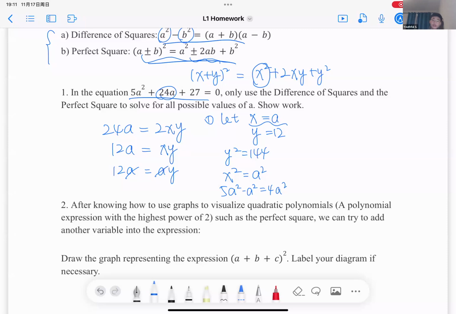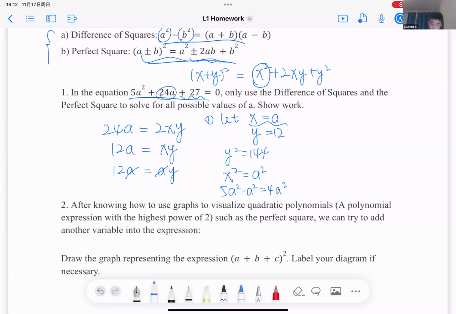But the thing is, we're going to take a look at whether the other constant, after you put it into a square root, can also be an integer. So that all depends whether we can take it into a difference of squares or not. Well, we have plus 144, but in this equation we in fact only have plus 27.